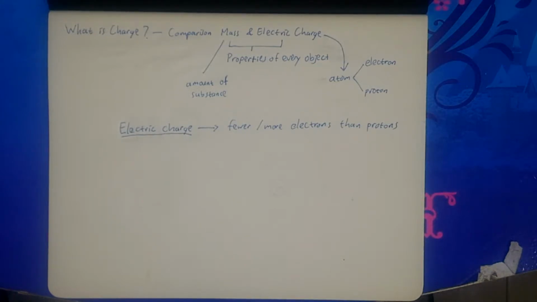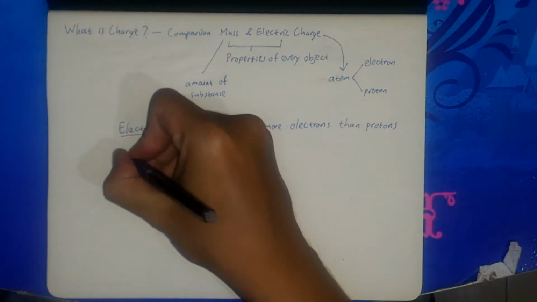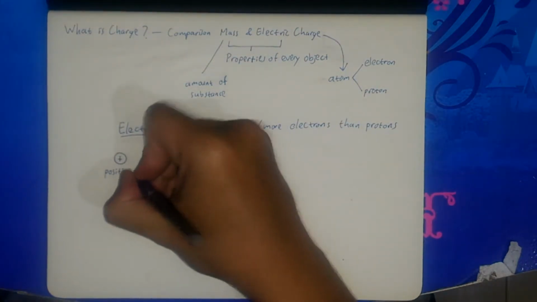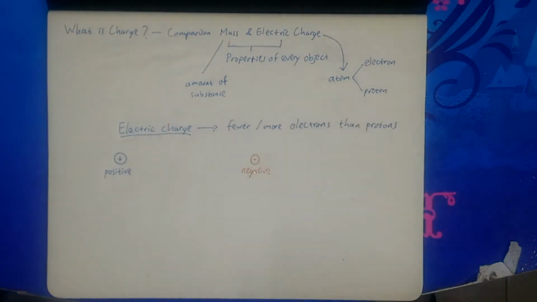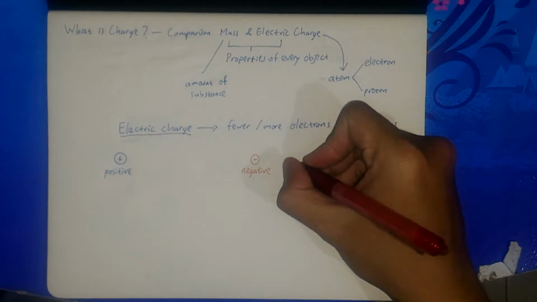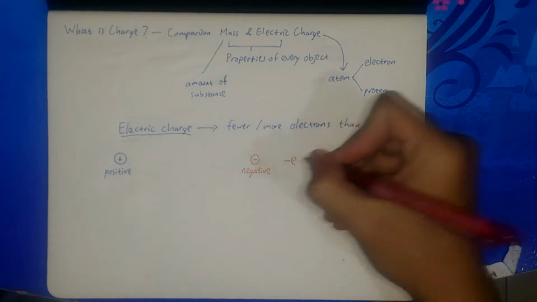An important thing that we need to know about electric charge is that, unlike mass, there are two kinds of charge. One is positive charge, which is related to protons, and the other is negative charge, which is related to electrons. Since an electron has negative charge, we will write the charge of an electron as negative e instead of positive e.